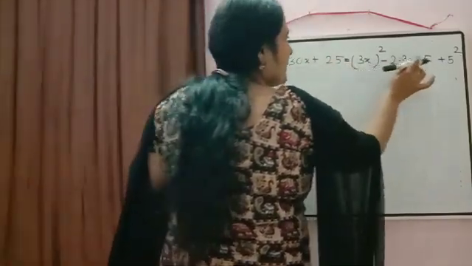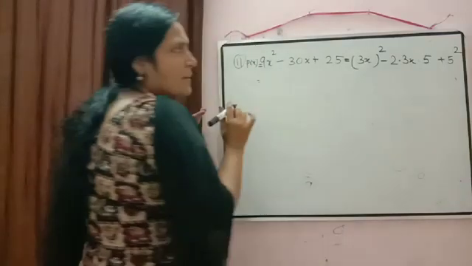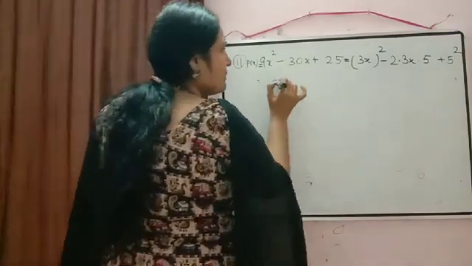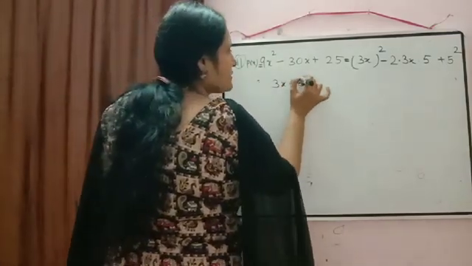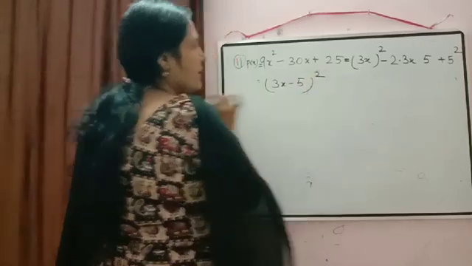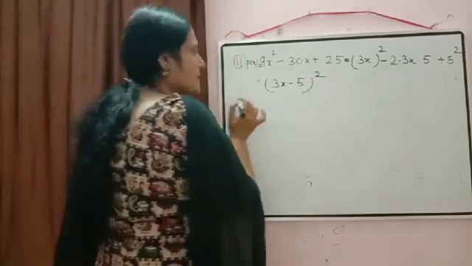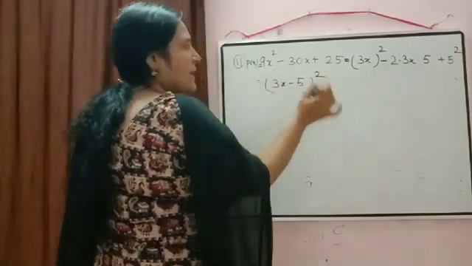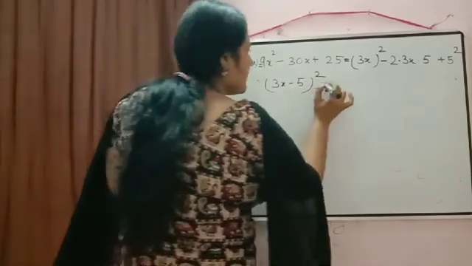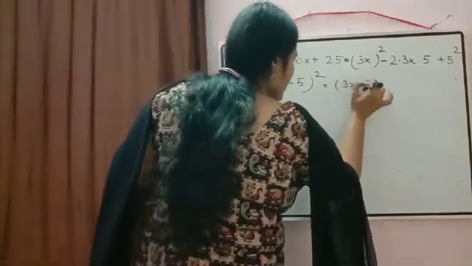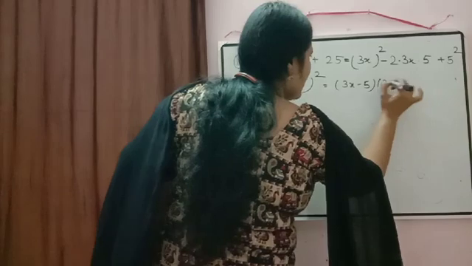A square minus 2ab plus b square is equal to, yes, a minus b the whole square. So we are getting p of x is equal to 3x minus 5 the whole square, which can be written as 3x minus 5 into 3x minus 5.